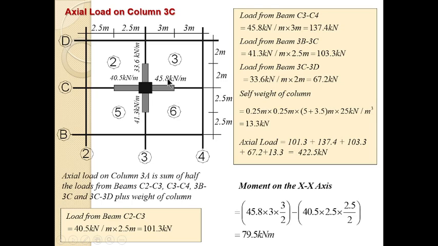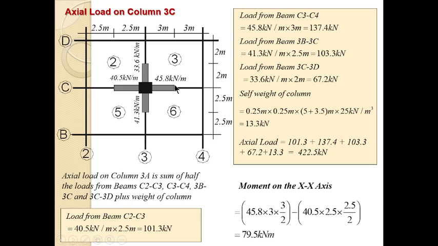We have 45.8. 45.8 is the load, the UDL carried by this beam. So we are going to multiply that UDL by the length of that place, which is 3 meter, half of the 6. So this 45.8 multiplied by 3 turns this UDL to a point load.